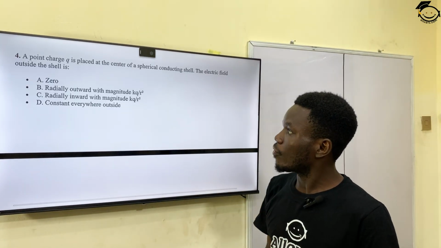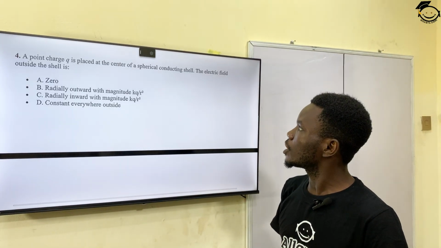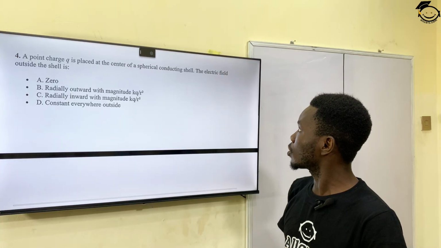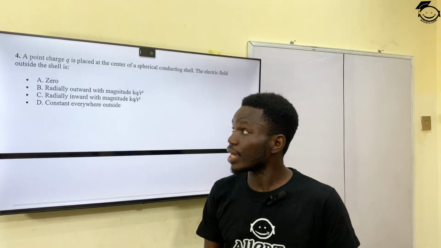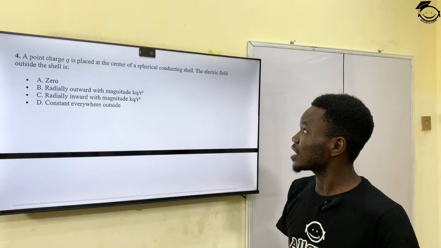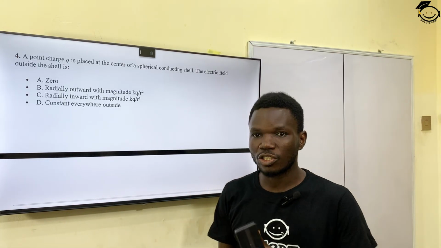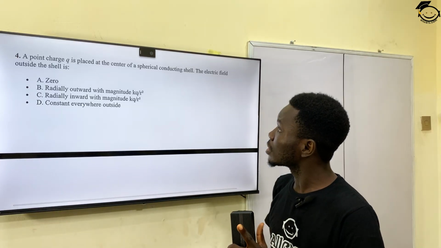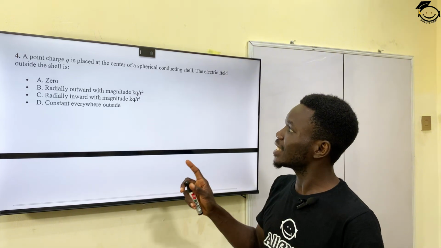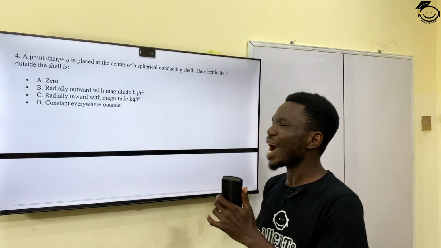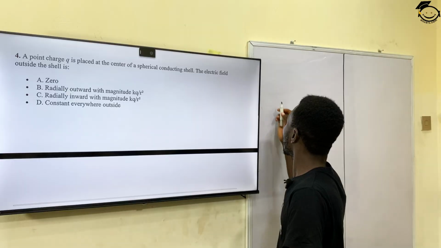Moving on to question number 4, it says a point charge Q is placed at the center of a spherical conducting shell. The electric field outside the shell is dashed. Now, when a point charge is placed in a spherical conducting shell, that charge tends to move towards the center. So it is radially outward with magnitude according to Coulomb's law.